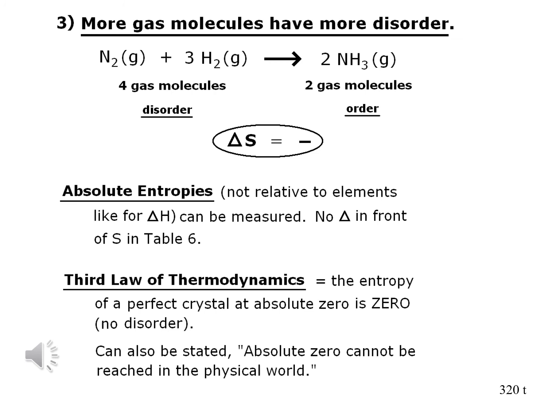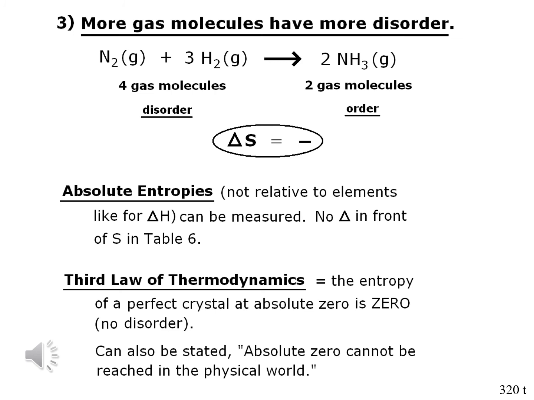Now, that doesn't really explain why. I like the statement above, which I copied out of my physical chemistry book from college. It says that the entropy of a perfect crystal at absolute zero is 0, which means no disorder. If you could get to absolute 0 and you could get a perfect crystal, there would be no disorder.